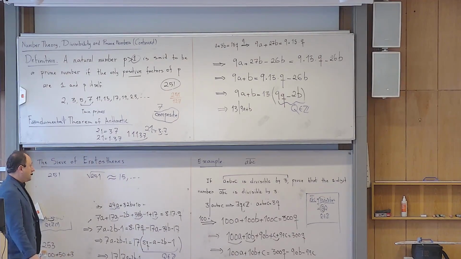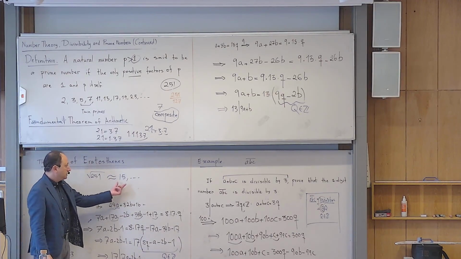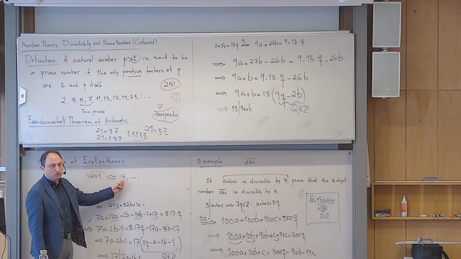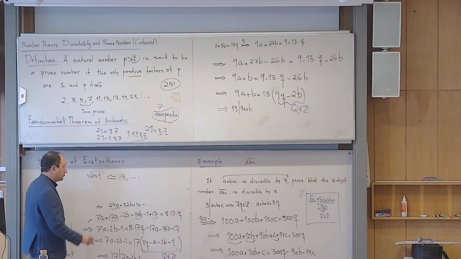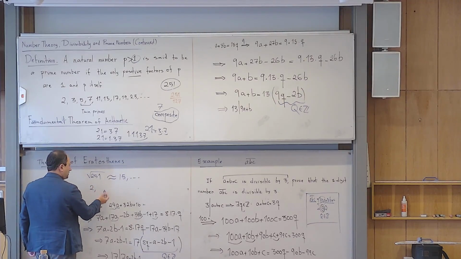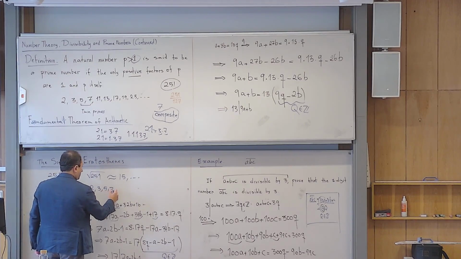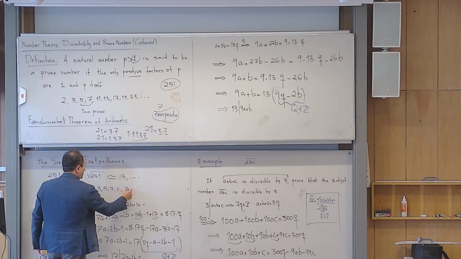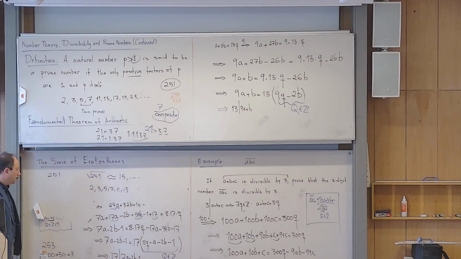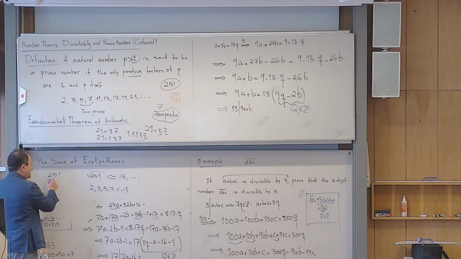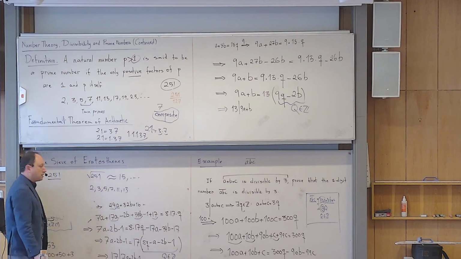Yes? Now you need to find only the prime numbers less than or equal to this number. Okay, what are those prime numbers? 2, 3, 5, 7, and 11 and 13. You just need to check the divisibility of this by only these 6 numbers.